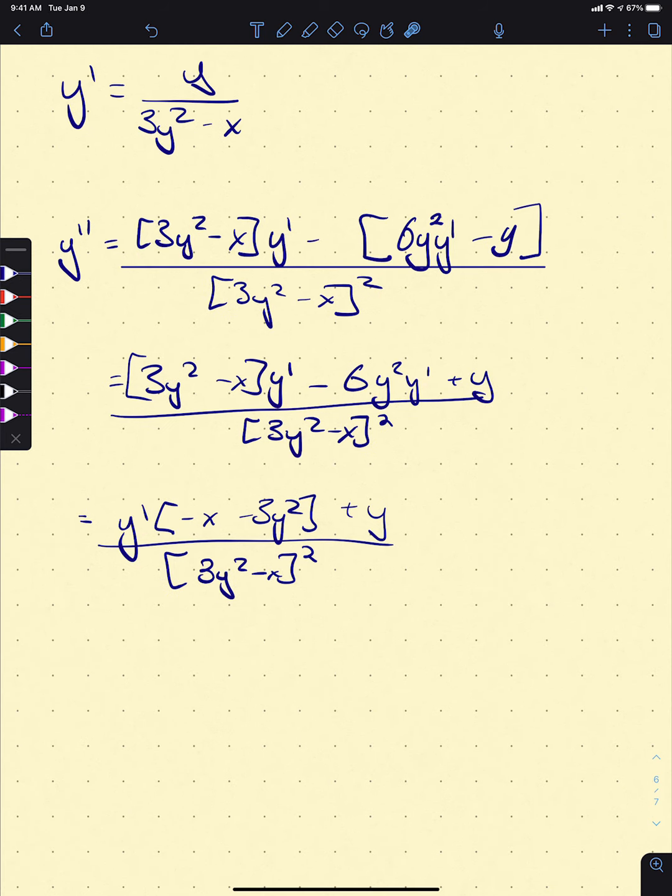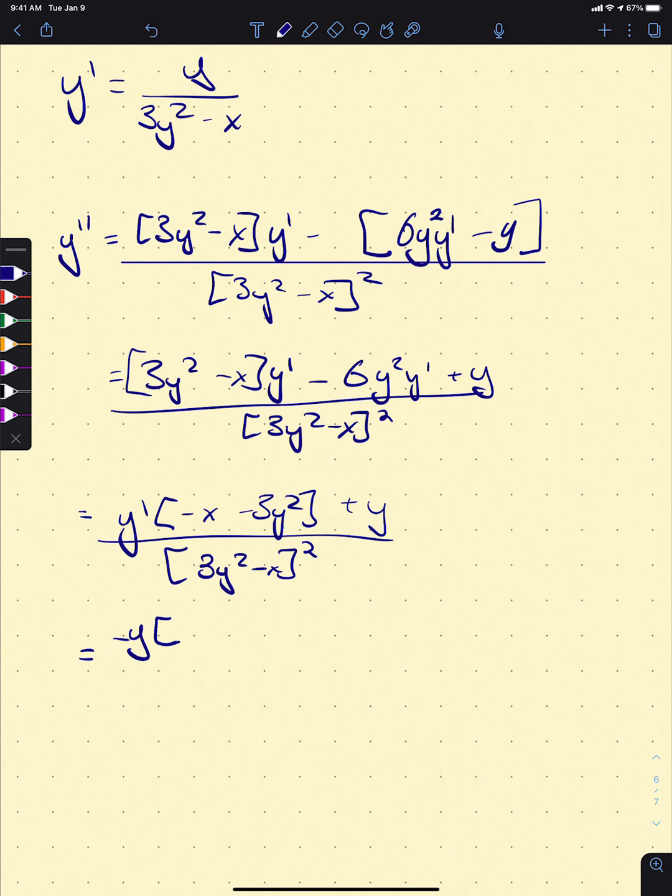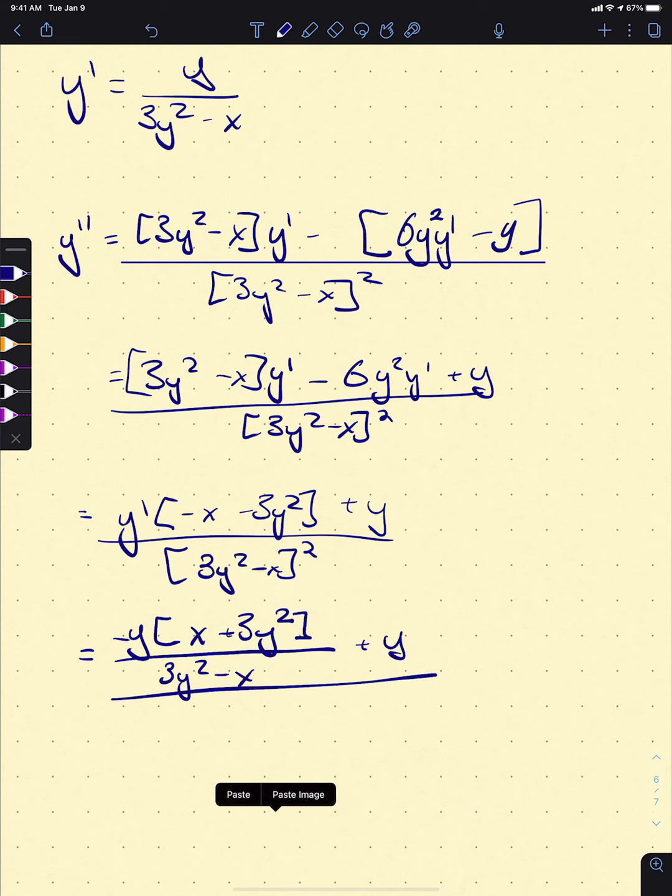So what I want to do next is substitute in the value of y prime that I know, right? That's this. It's going to be y times, and I'm going to factor out a negative 1 here, and get x plus 3y squared over 3y squared minus x, plus y over 3y squared minus x.